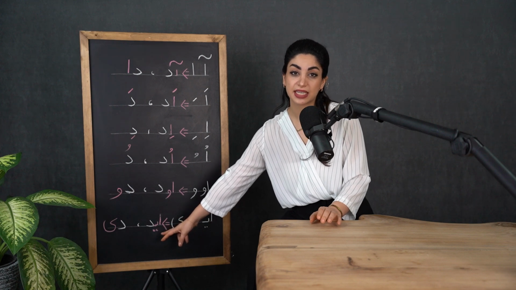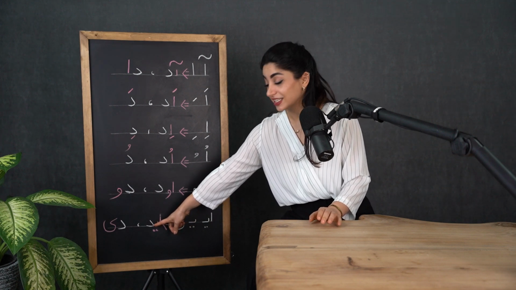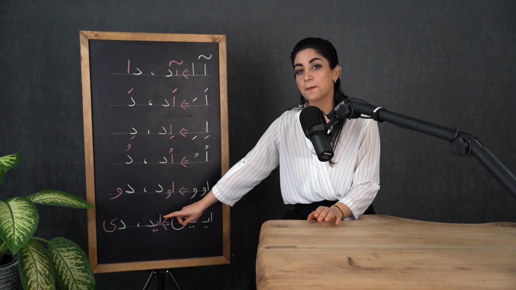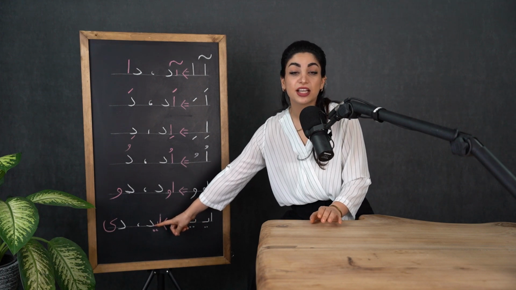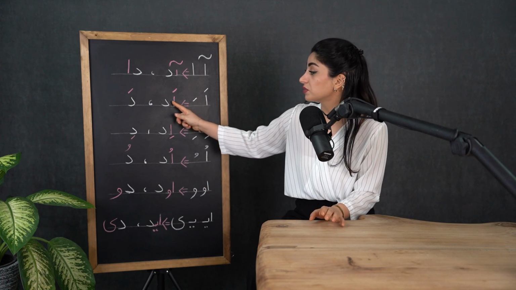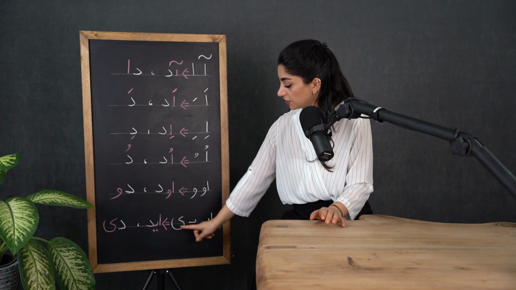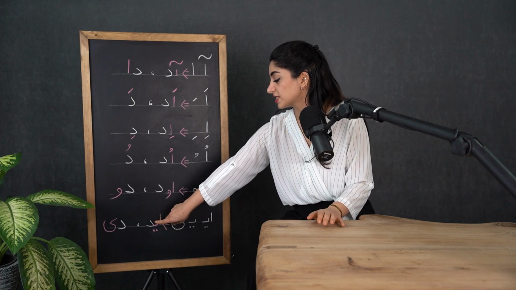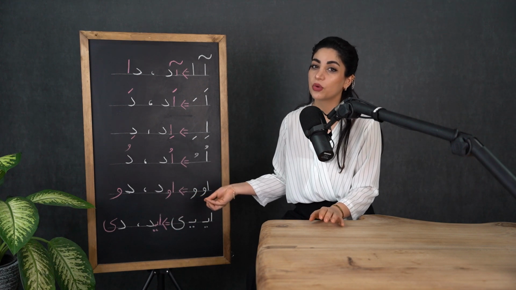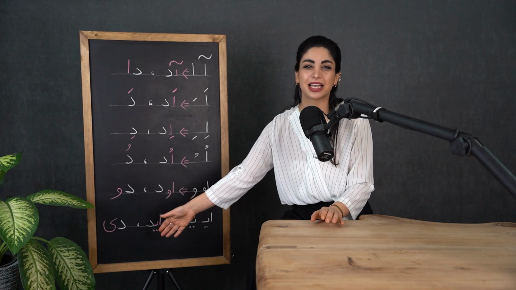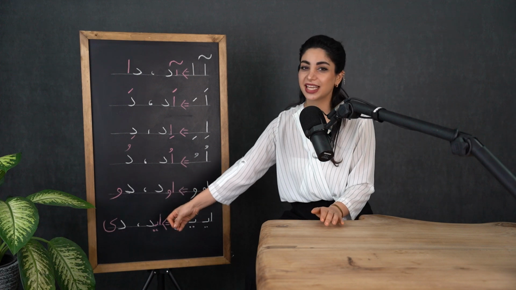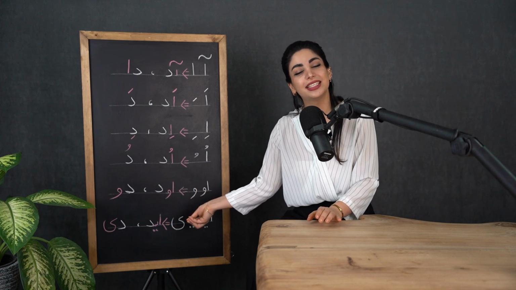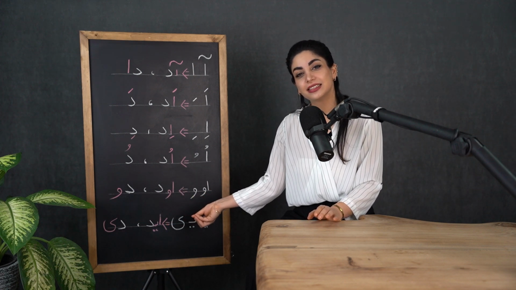This one comes first. See? This time they attach because the D always attaches from this part, and here we know this one wants to attach, so the D just attaches to this one. How do we read it? E, de. Together, eid. Eid.